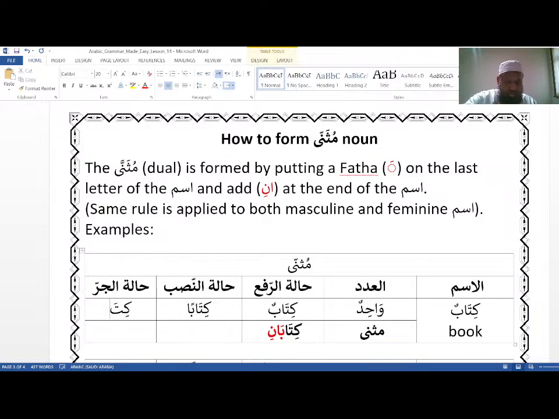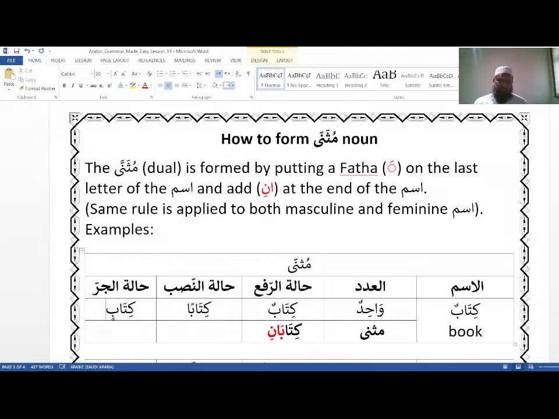And halatul jar with the kasra, kitabin. Why are we writing tanween? Because there is no alif lam. If there's alif lam, tanween will drop. So al-kitabu, al-kitaba, and al-kitabi.